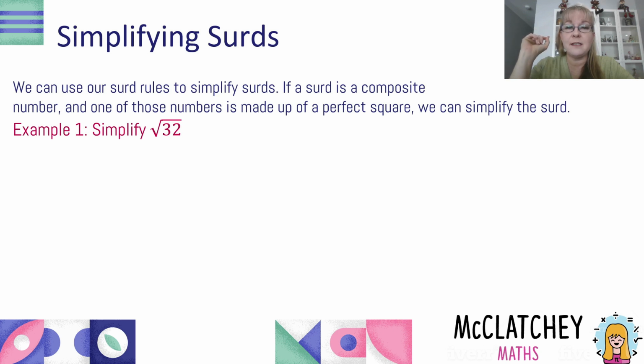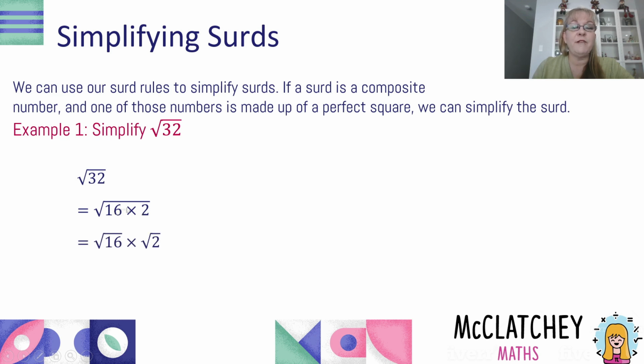I could use that to simplify the surd. Alternatively, I could go bigger. 16 times 2 is 32, and 16 is also a perfect square. So root 32, we're going to go with that one, is made up of root 16 times the square root of 2. So we've taken this number here and broken it up into a factor pair.